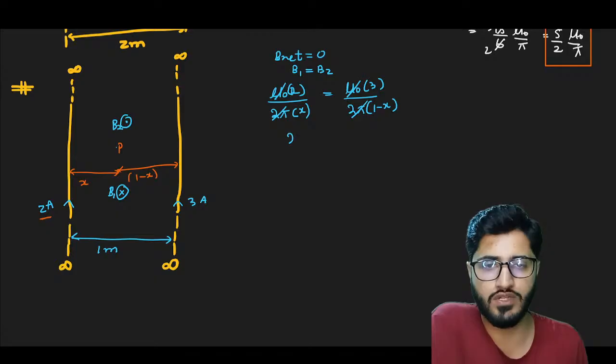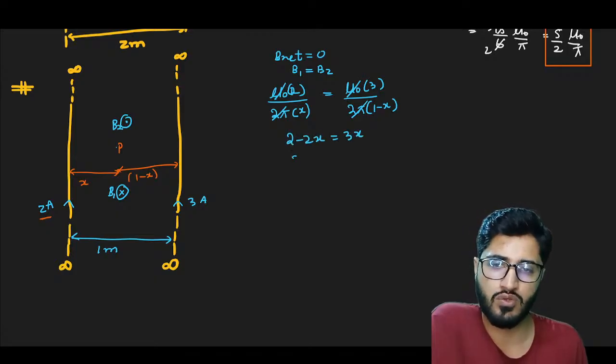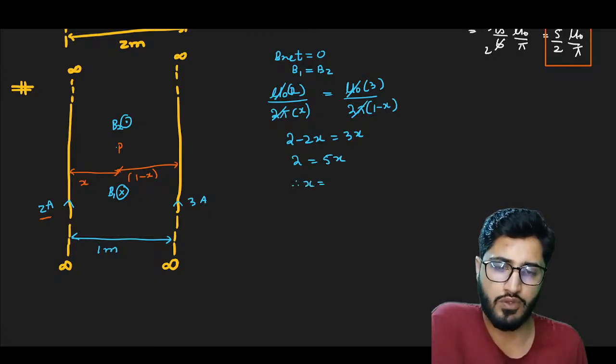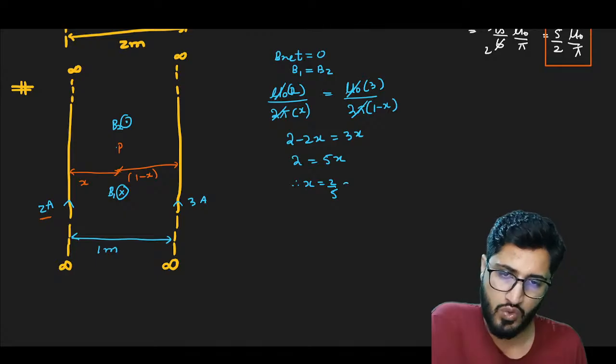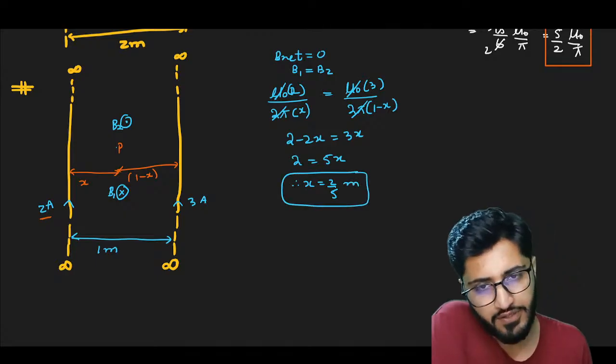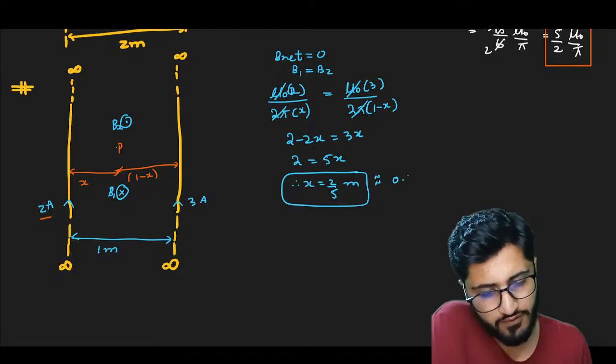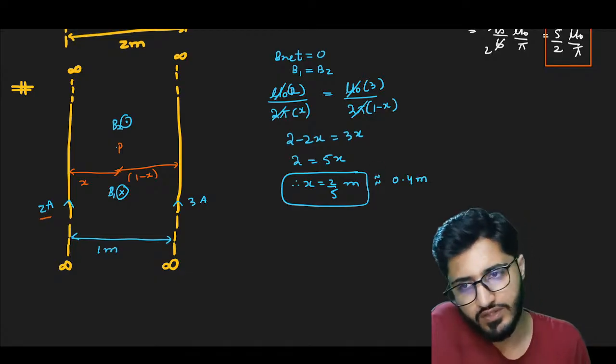So 2 times 1 is 2, minus 2x equals 3x. So 2 came out to be 5x. Therefore, x came out to be 2 by 5 meters, which is approximately equal to 0.4 meter. So this distance would be 0.4, and this would be 0.6.